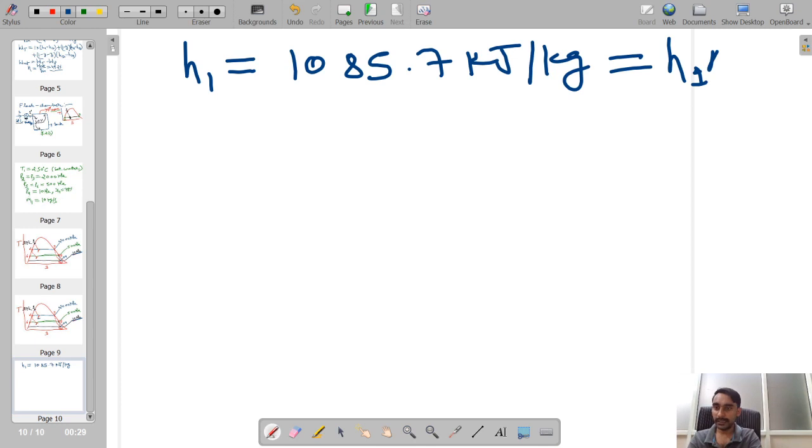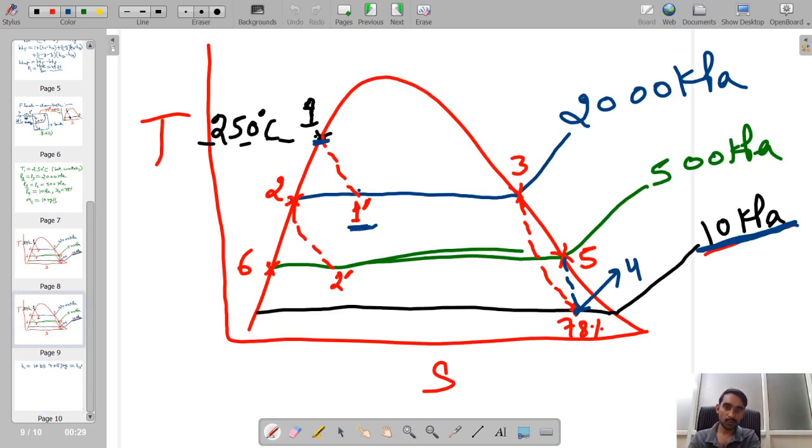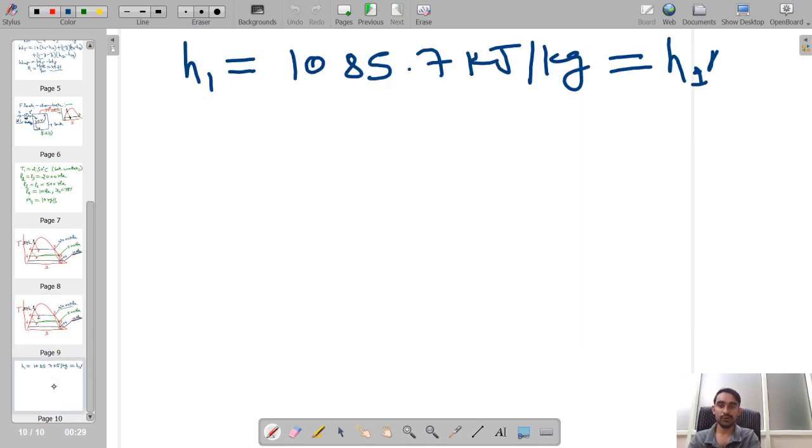Then the second set of points is point number 2 and point number 3, for which the pressure is already known. If we know the pressure, from the saturation table I can determine the values of H2 and H3.